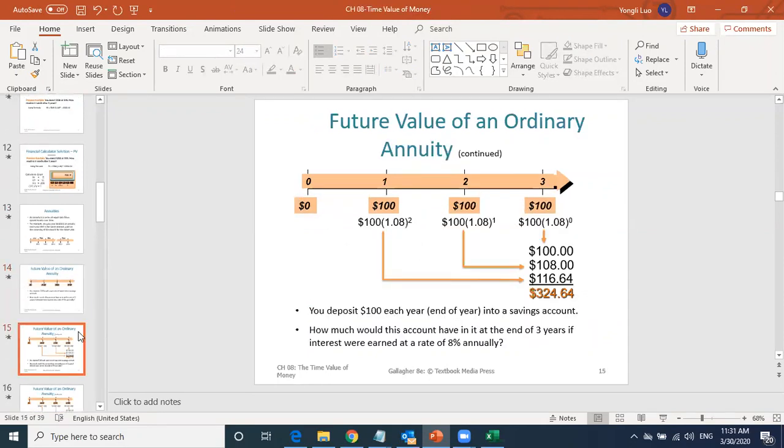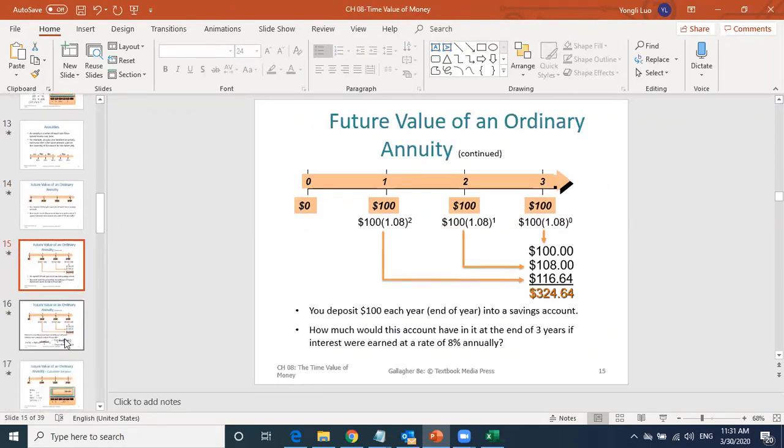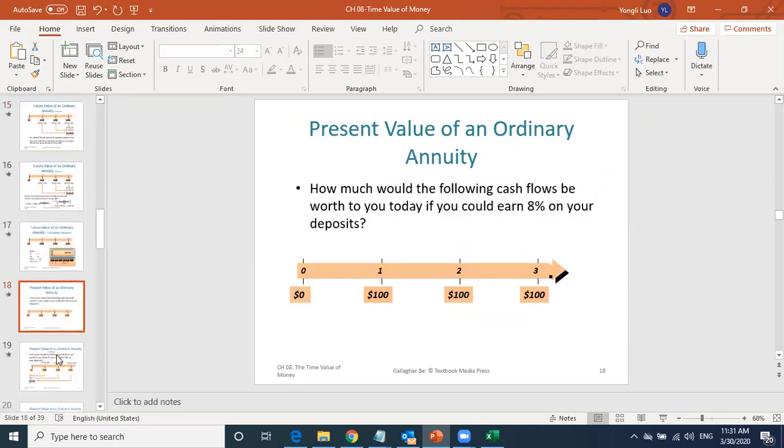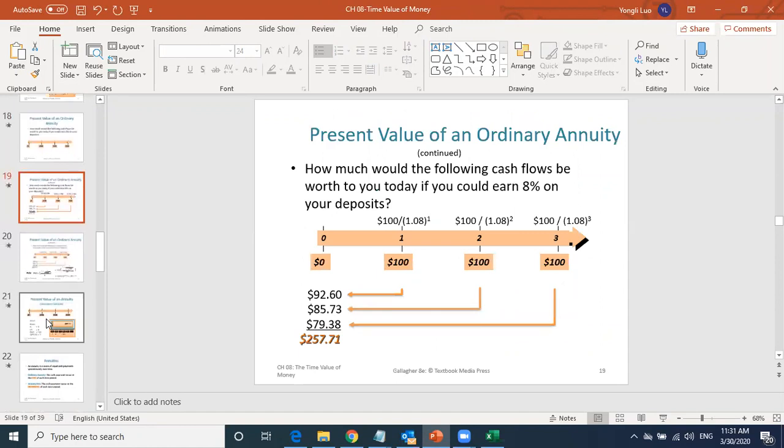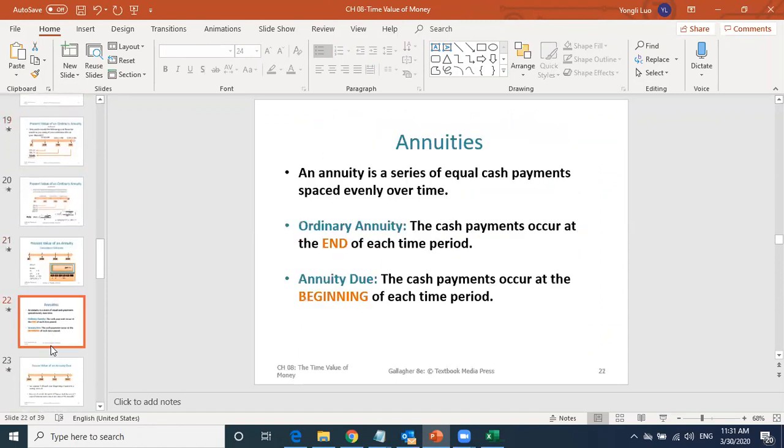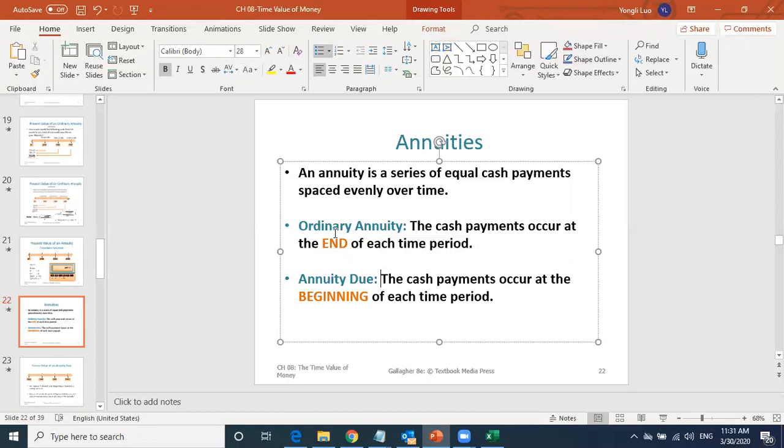Another type of question is called annuity due. Annuity due is where the cash payment occurs at the beginning of each time period. The ordinary annuity is where you deposit $100 at the end of each year, at the end of each time period.